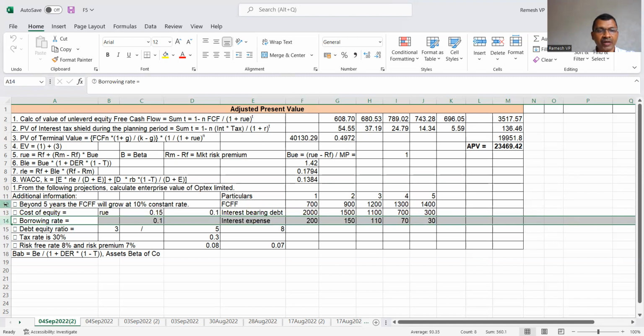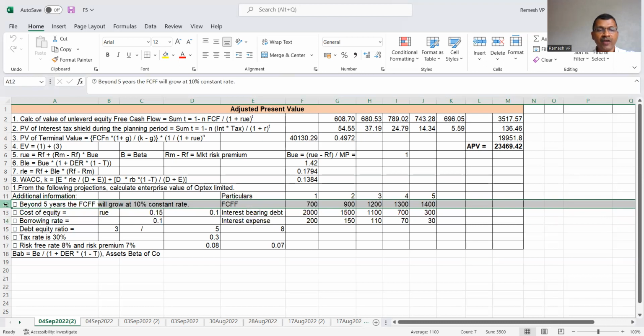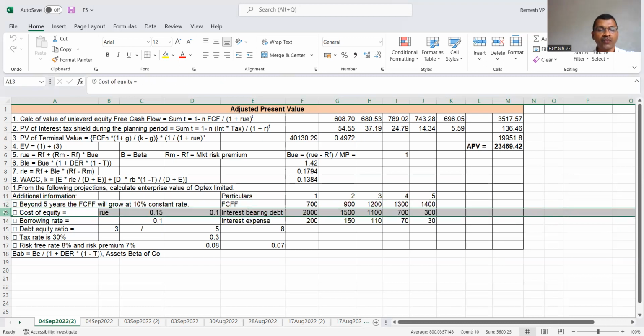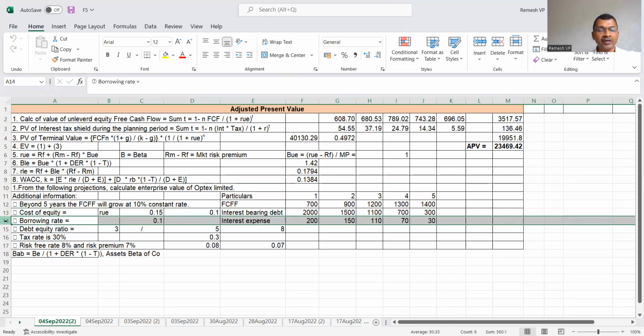Additionally, it is said that beyond 5 years, the free cash flow to firm will grow at 10% constant rate. It's also said the cost of equity, that is unlevered equity, will be 15%. Borrowing rate will be 10%.